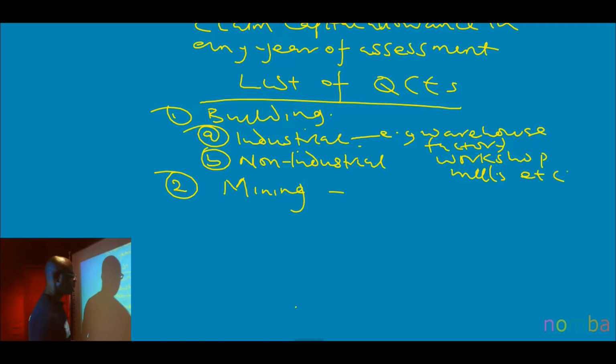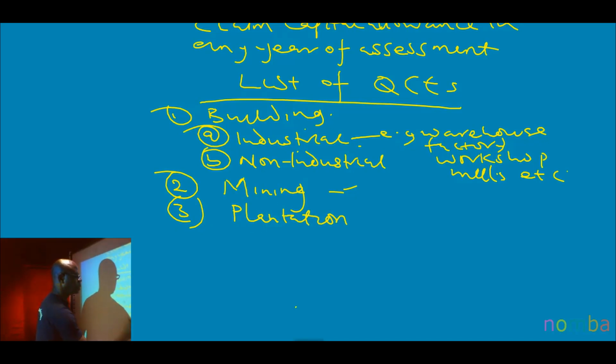The key point to note is that it has to do with mines, quarry, oil wells, mineral deposits that are of a wasting nature, that is, they will one day be exhausted. Just like we are told that in the years to come, we will not have oil in those oil wells again. So that is mining.